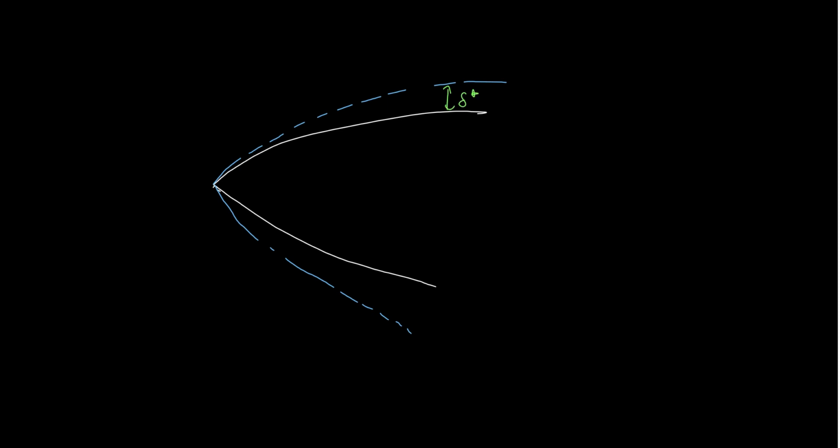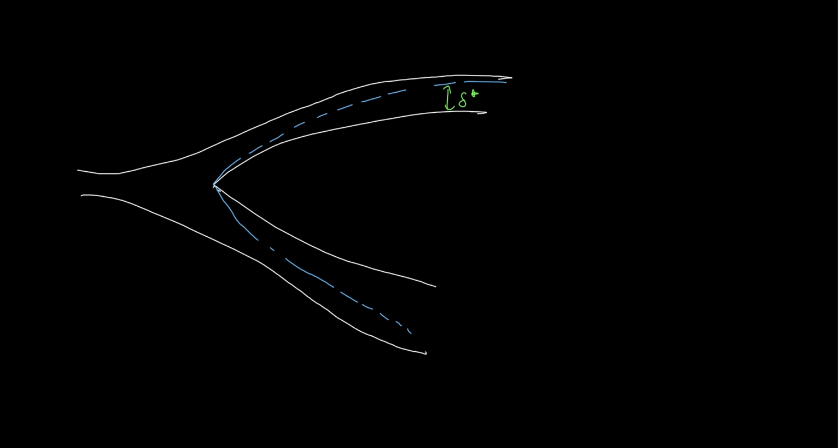So when flow tries to flow over this object, the actual object that it will see is not the white object. The actual object that it will see is this blue object. So the flow will tend to behave with respect to the blue object and not the white object, and that is the effect of the boundary layer.